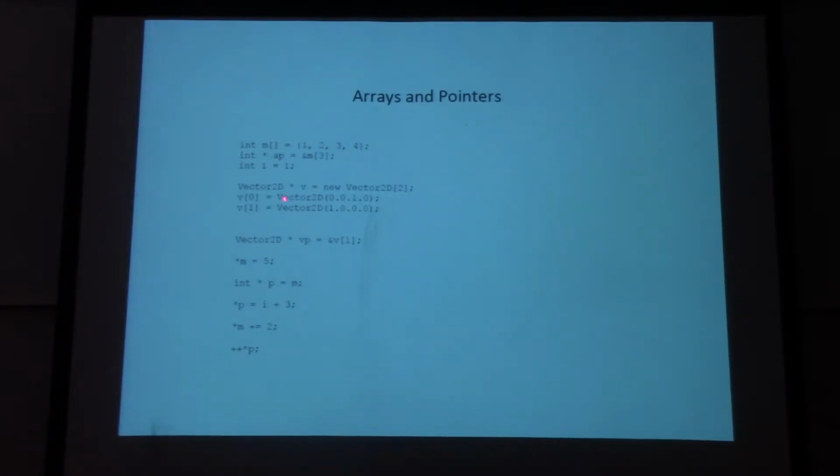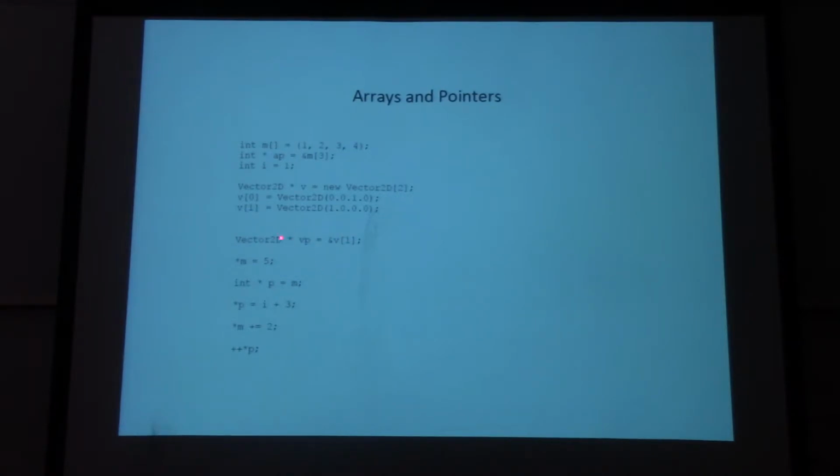Now I'm creating a vector 2D pointer v. So v is a pointer to a vector, new vector size 2. And I'm going to assign the value of v0 and the value of v1. And then the vector pointer vp is going to be the address of v1.